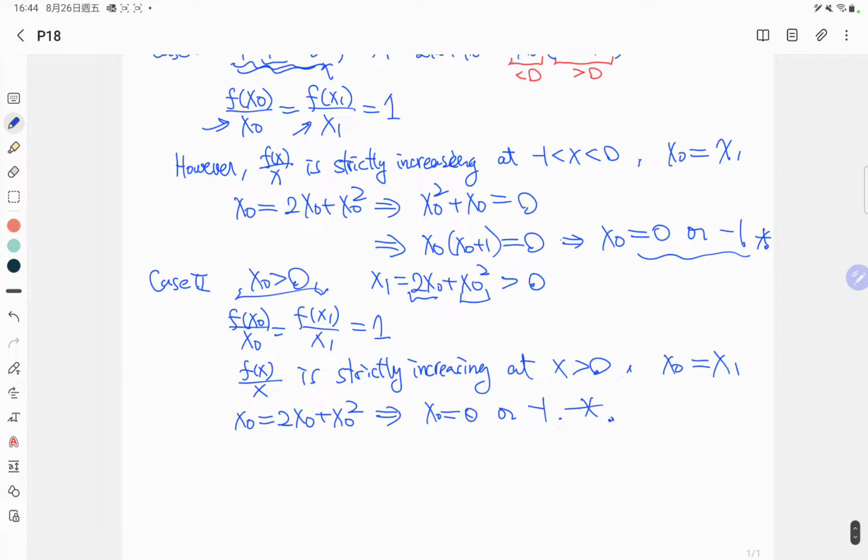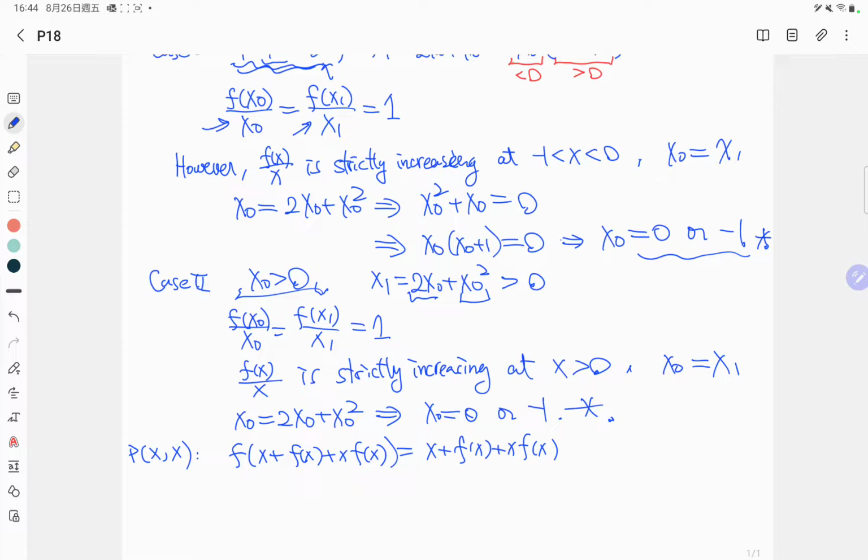The next step is from the original functional equation: if we plug in y equals x, then we will get f of (x plus f of x plus x times f of x) equals x plus f of x plus x times f of x.